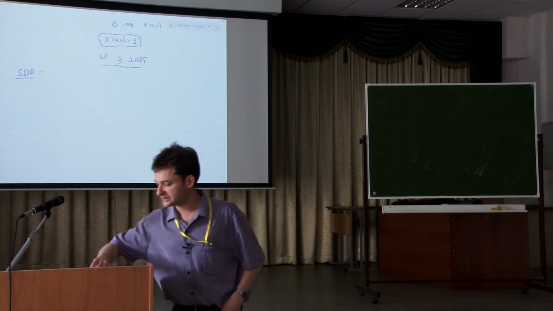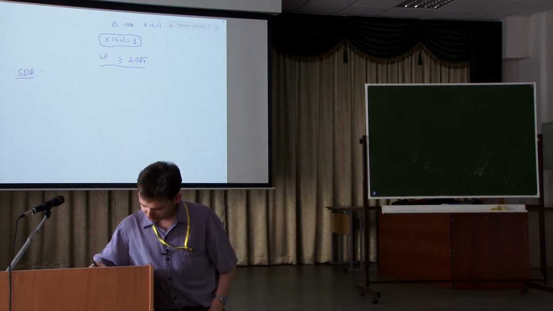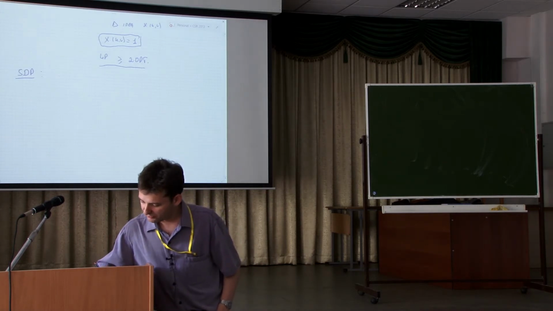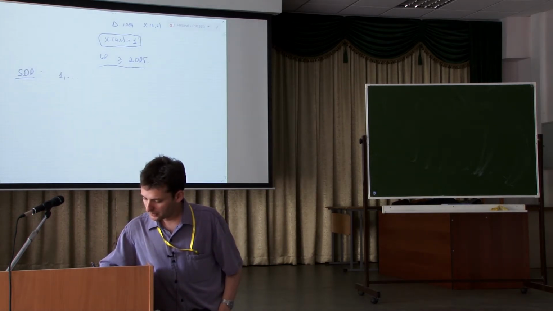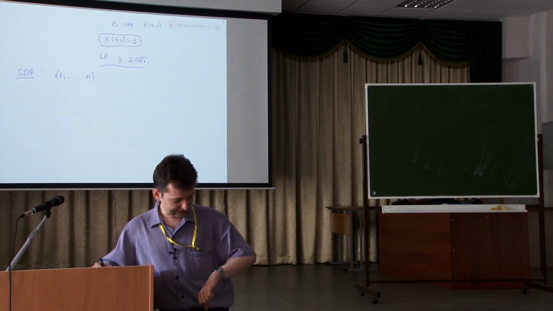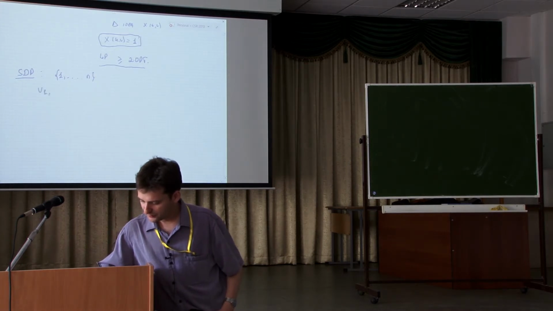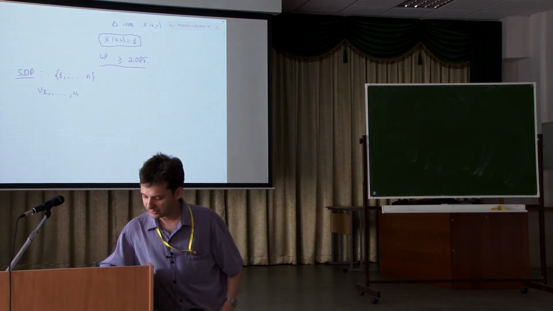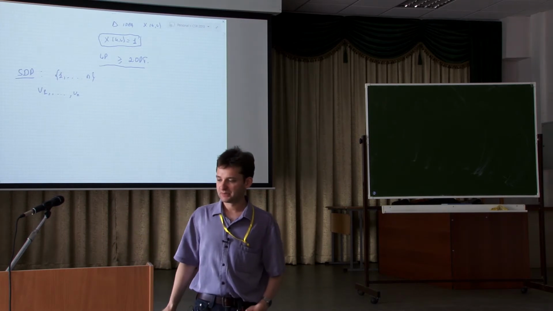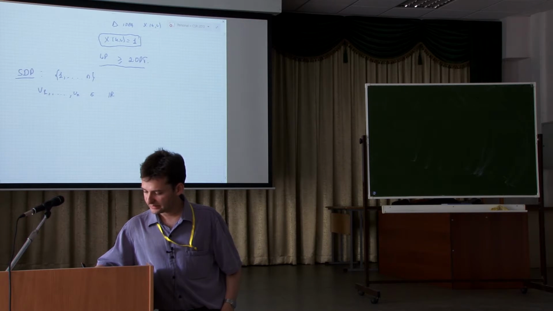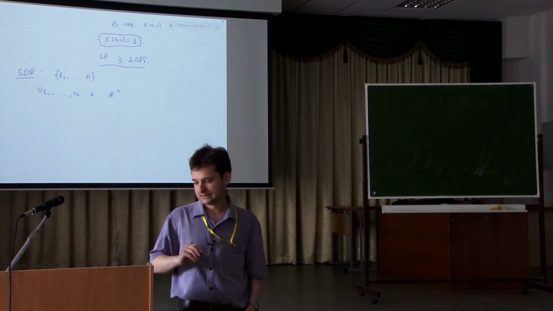More formally, we will assign a vector to every vertex. Let's say our vertices are in the set 1 to n, and we have vectors v_1, ..., v_n corresponding to these vertices. These vectors are in some high-dimensional space.